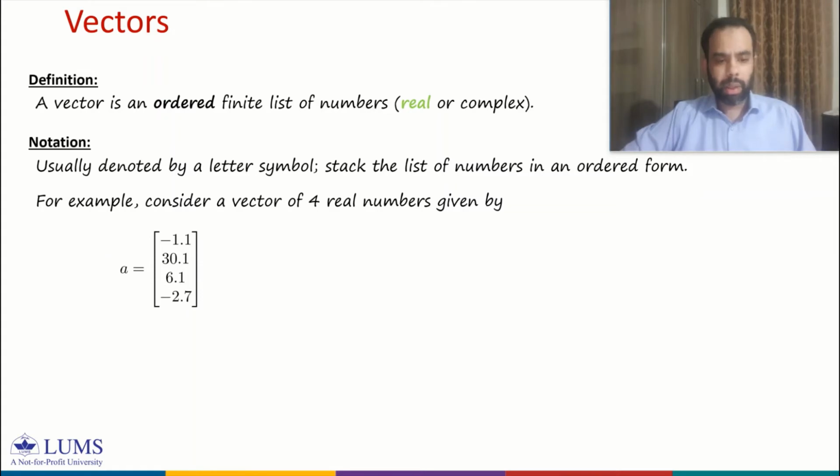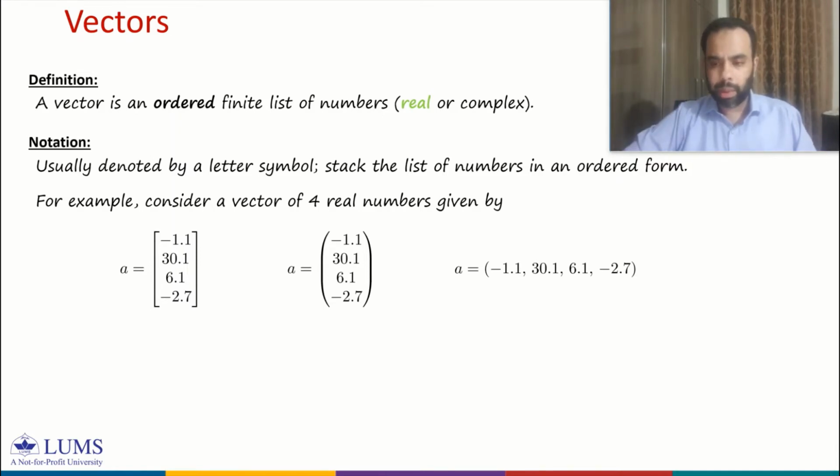We have stacked these numbers using square brackets, or in some textbooks, we also use round brackets. In fact, these numbers can also be stacked in a horizontal fashion. These different notations appear in different textbooks or research articles, but we will stick to the first notation in this course.